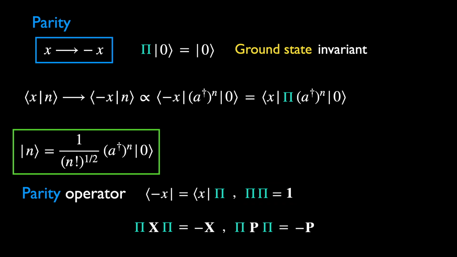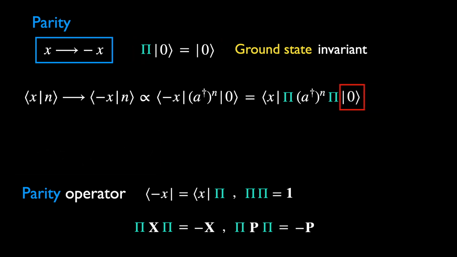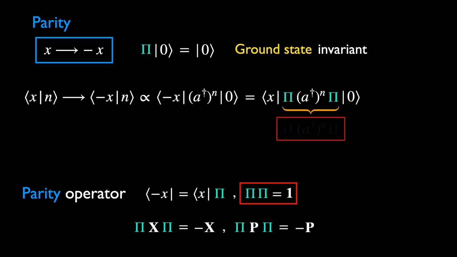We can make use of the red box, which says that applying parity twice just gives the identity, and insert two parity operators into the last expression. Here, we can make use of the invariance of the ground state. The identity in the red box can be applied repeatedly between each power of a dagger.